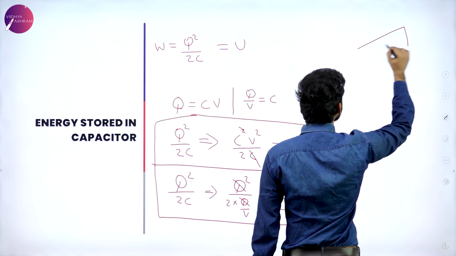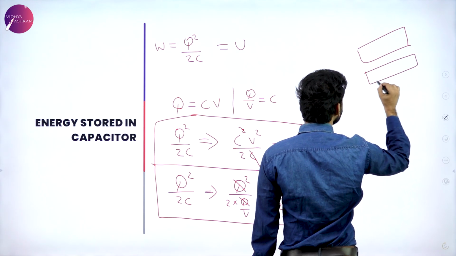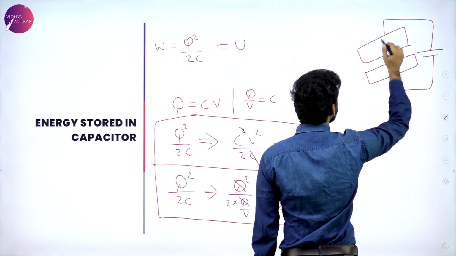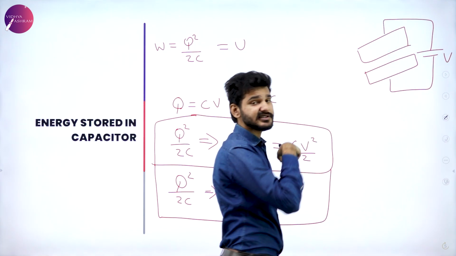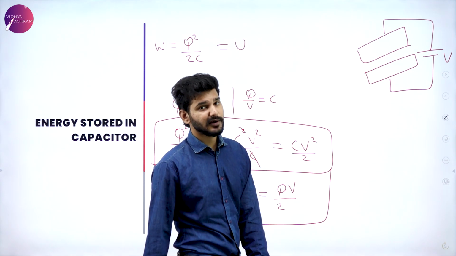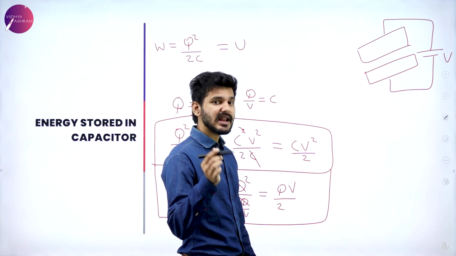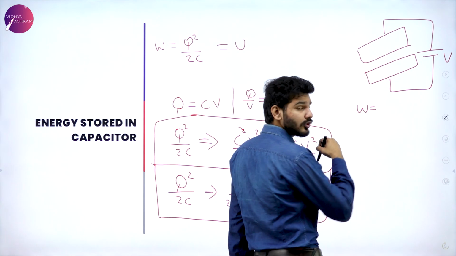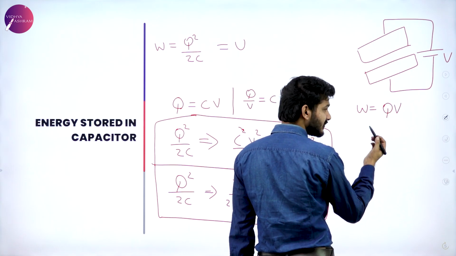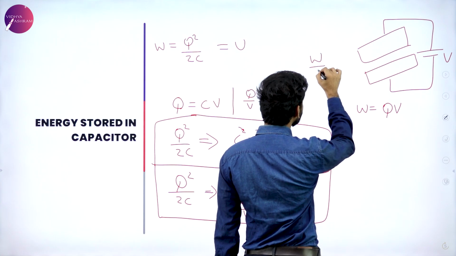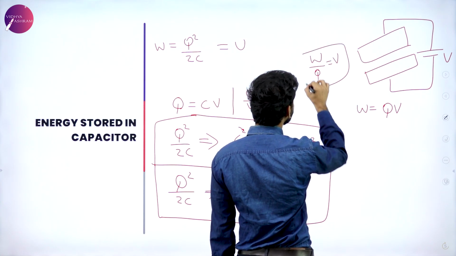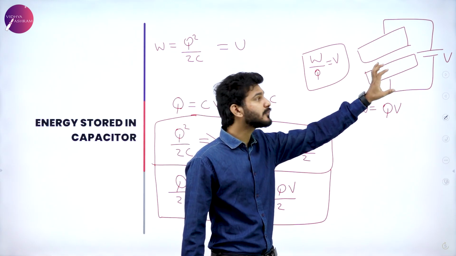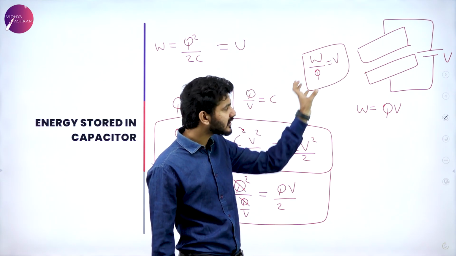We saw that if these were the two plates, and V was the potential between them and W is the work being done, then we can actually say that W is equal to QV, from the relation W by Q is equal to V. So this should be the total work done by the battery in order to push charges onto the parallel plate capacitor so that it is fully charged.